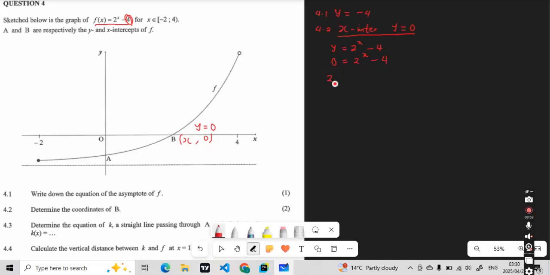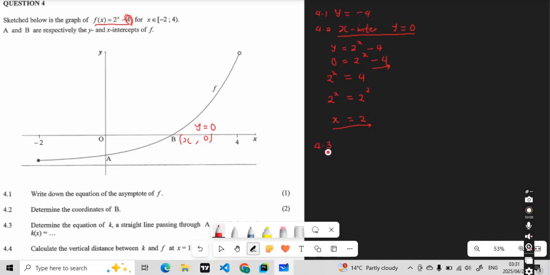So 2 to the x is equal to 4, removing this minus 4 to the other side of the equal sign, so it changes the sign, hence here it is positive. So 2 to the x is equal to 2 to the power of 2. We're just changing this one to put it in exponential form. So x is equal to 2, as you know from the laws of exponents.